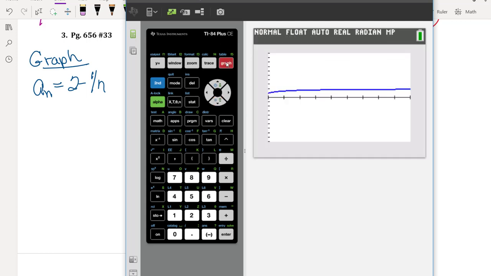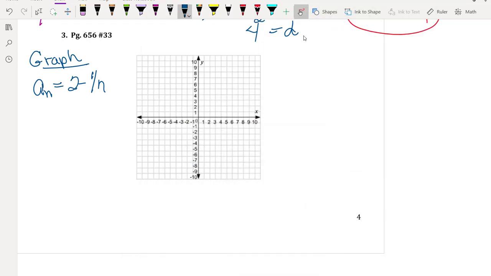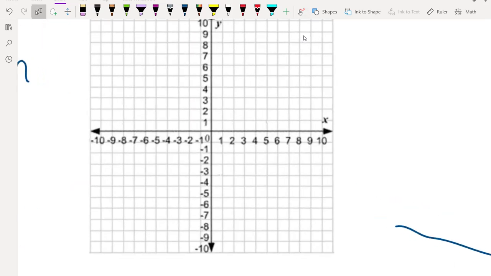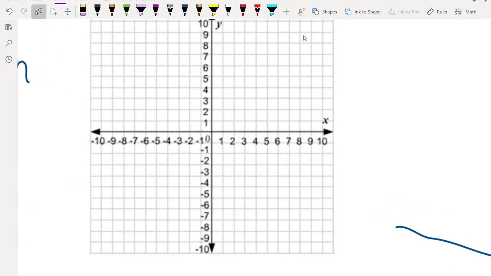And if you look at the graph here, you can get a sense. I only have my window from x equals 0 on. But what you want to remember is that this is not a connected graph because there's no points in between 1 and 2 because we're using integers only. So when I go to graph this, I'm going to have these points. So at 1, I'm at 1. And then it's going to look kind of like this.